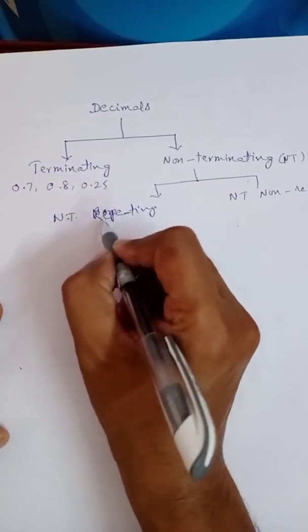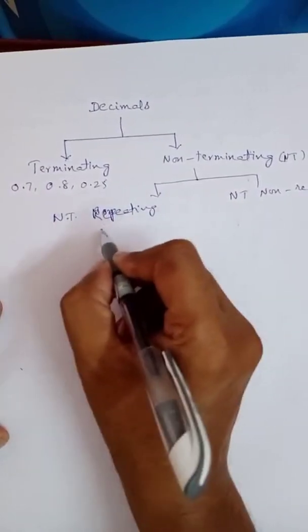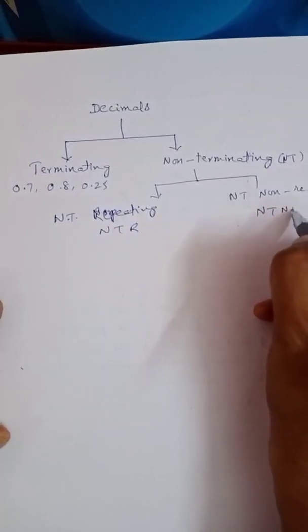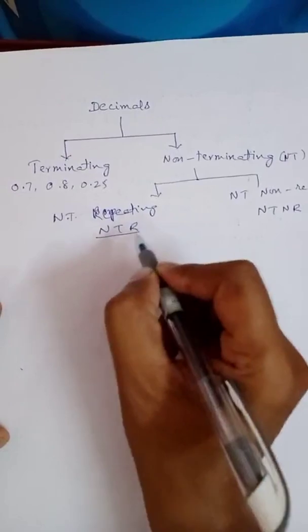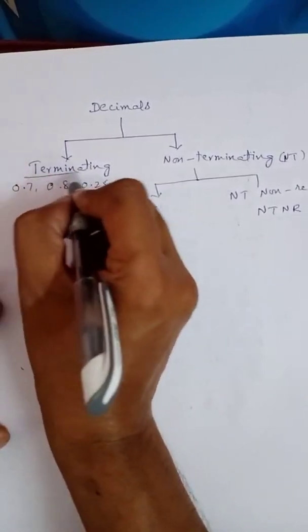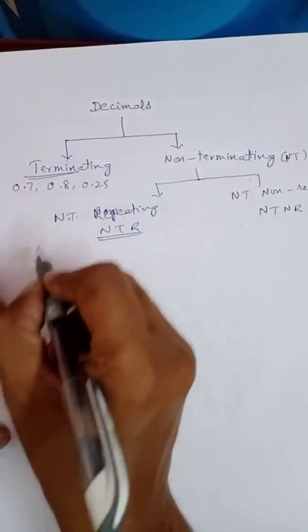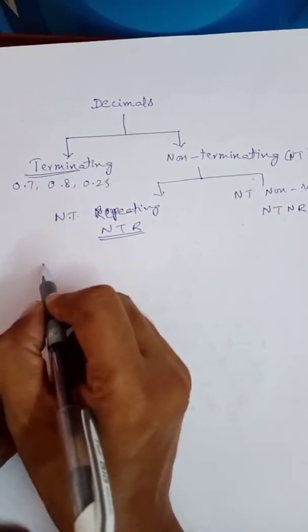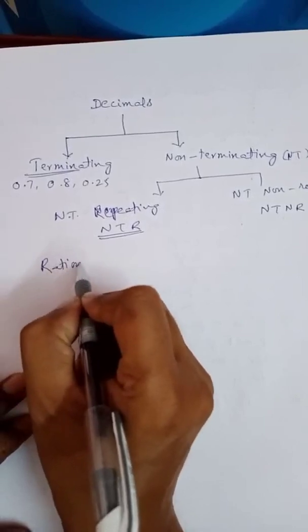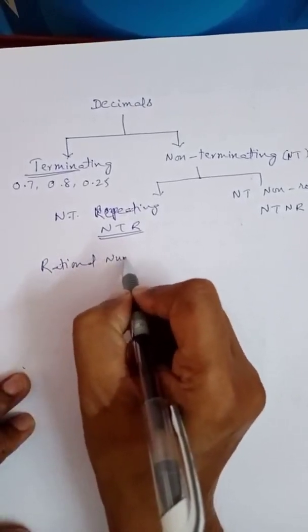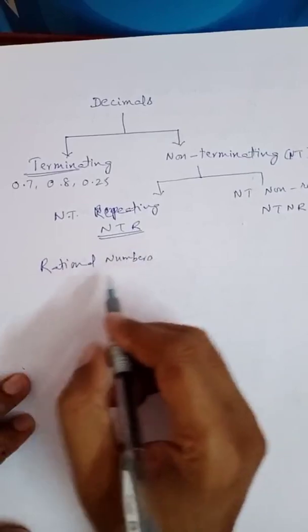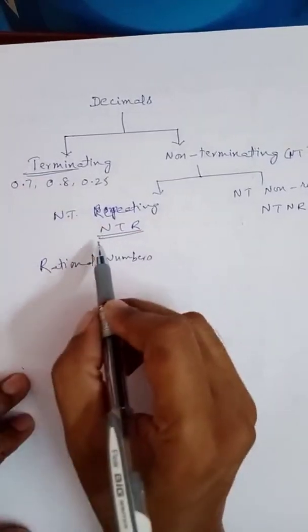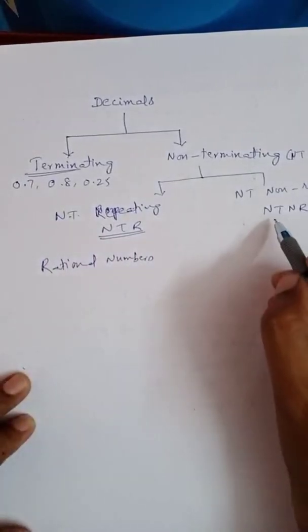Terminating decimals and non-terminating repeating type decimals form a group of decimals that are rational numbers. So rational numbers are either terminating decimals or non-terminating repeating type decimals.